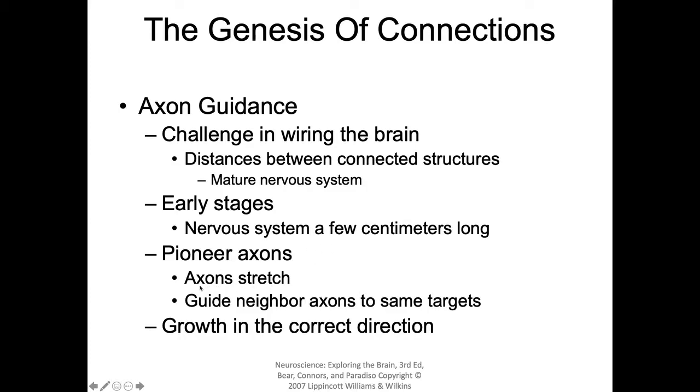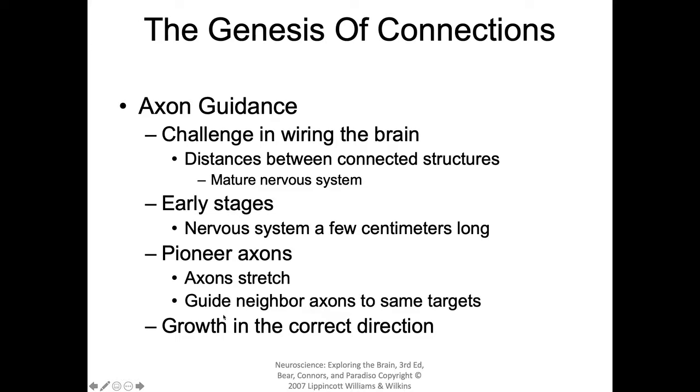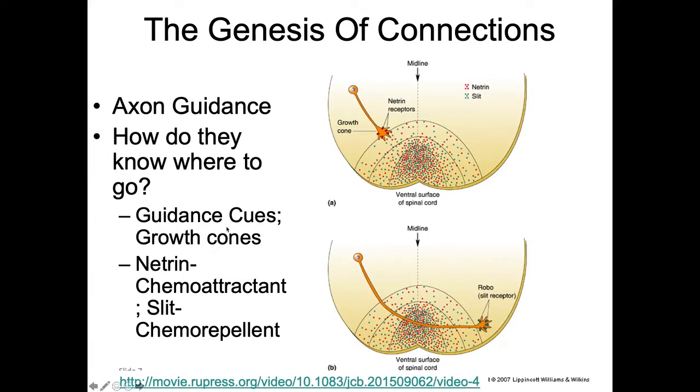And these pioneer axons are the ones that stretch and help guide neighboring axons to the same target, much like we're seeing here with these pioneer axons acting. This allows growth to occur in the correct direction. But when we think about how axon guidance works, it's kind of interesting.